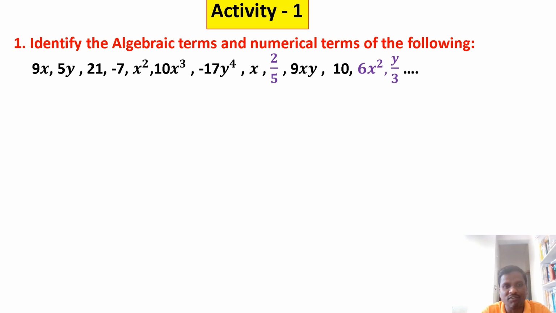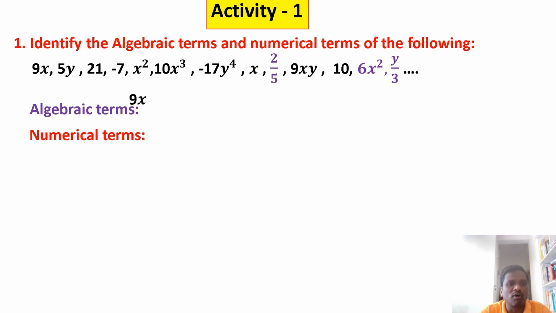First, 9x is an algebraic term because it is formed by a constant and a variable. And 5y is also an algebraic term, formed by a constant and a variable. Next, 21 is a numerical term. There is no variable, so it is a numerical term.